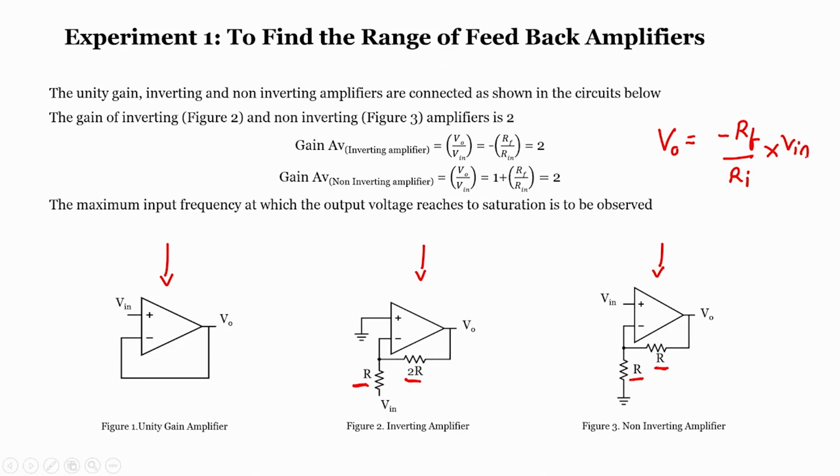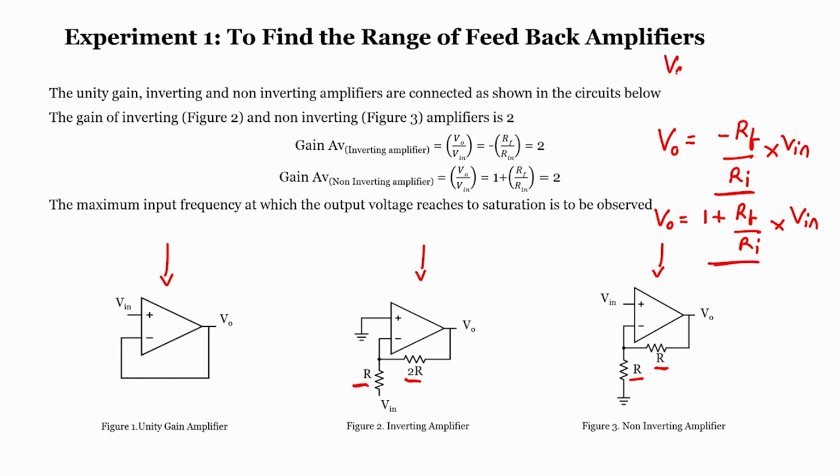This is for our inverting amplifier. For the non-inverting amplifier, our output voltage is 1 plus RF by R in, times V in. So, what is the gain?